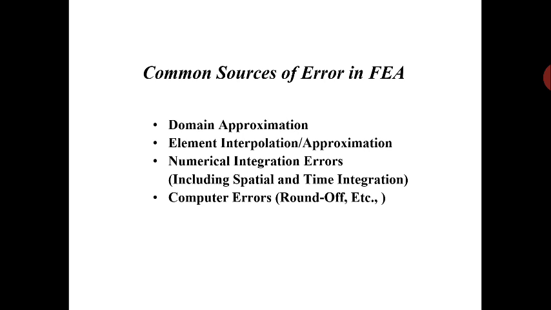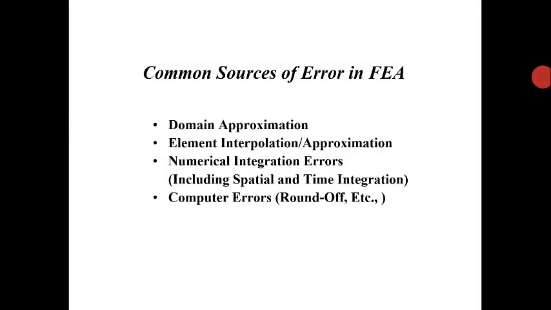So including spatial and time integration also. Okay, and computer errors are also considered, because any computer will round off some values after the decimal point, because it is not possible to have an exact solution up to 16, 20 or whatever it may be digits after the point.